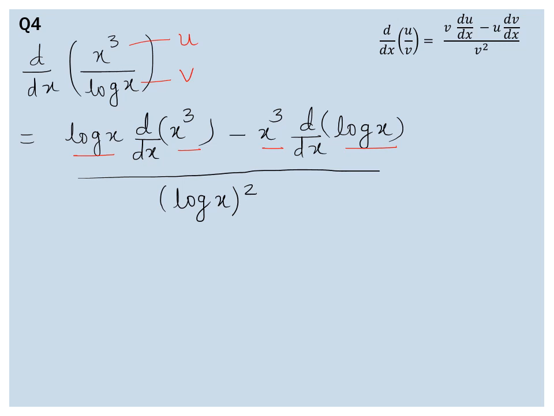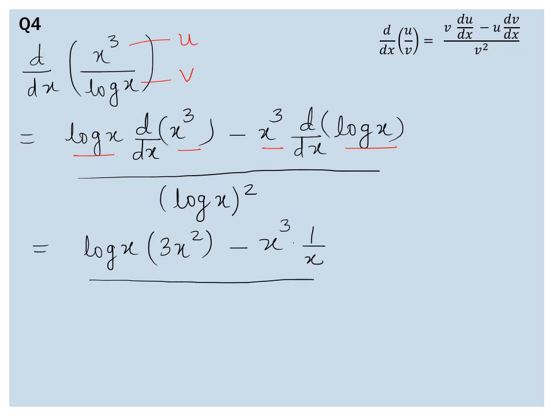Simplifying this further, we get log x as it is, into derivative of x cube, which is 3x square, minus x cube as it is, into derivative of log x, which is 1 by x, and this whole divided by log x whole square.